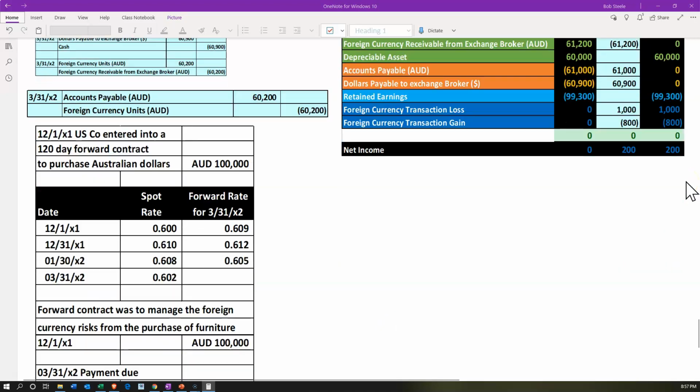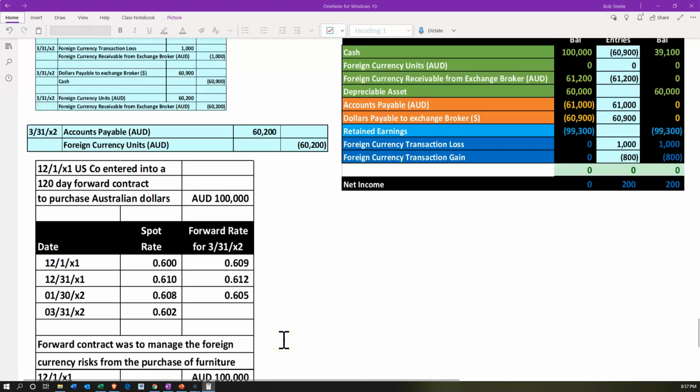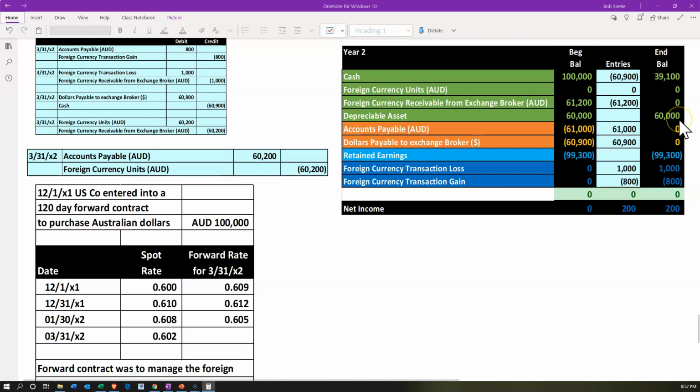That happened back in, you'll recall, this transaction that took place on 12/1. So we haven't adjusted this. The adjustments that we made for the currency changes have resulted in the gains and losses on the income statement rather than us revaluing the depreciable asset in any way since the point in time it was purchased.